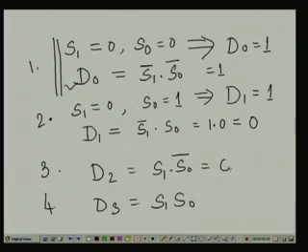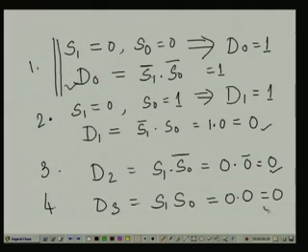Similarly, S1 is 0 and S1 bar is 0 bar, so this will be 0, so it is valid. And for the other cases also, when the select line is S1 S0 equal to 0 0, D1 will be low.